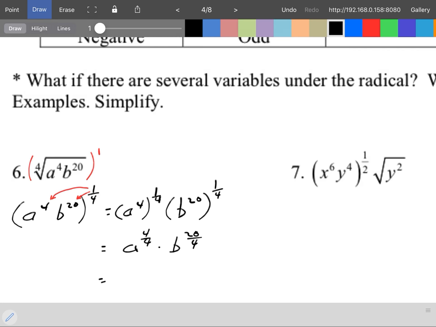Well, then 4/4, that's just 1. So this just ends up being a to the 1st times b to the 5th. Because 20 divided by 4 is 5.